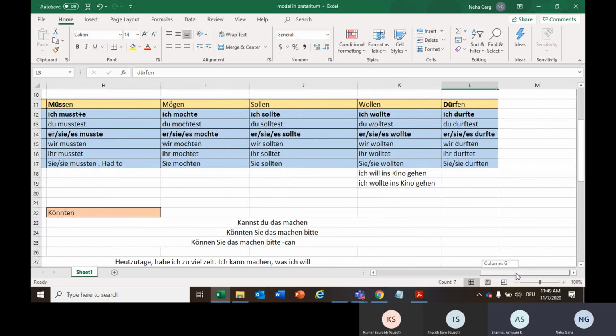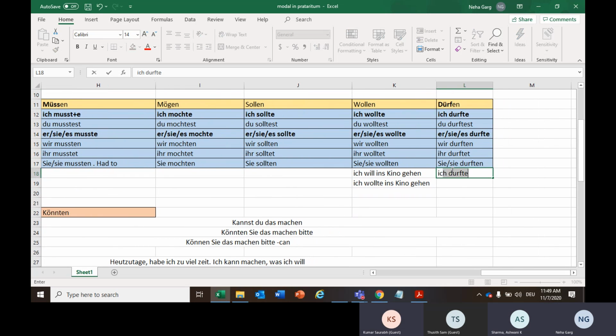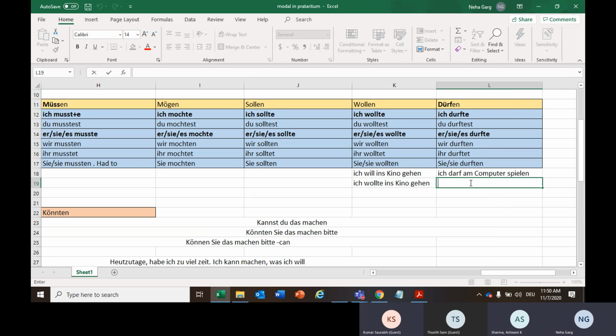So maybe, ich darf am Computer spielen, like I am allowed to play on the computer. Ich durfte am Computer spielen.